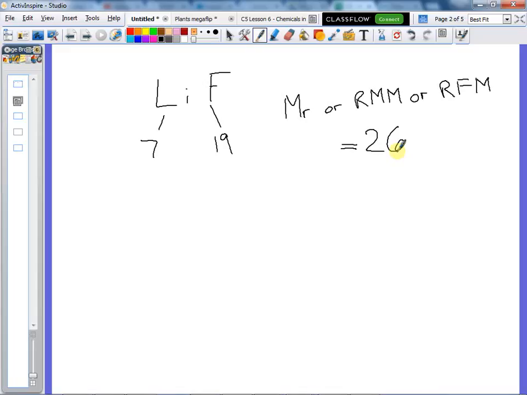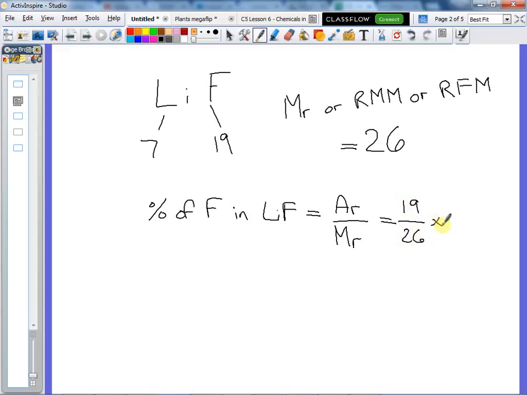If we want to know the percent of fluorine in lithium fluoride, we need to do the AR divided by the MR, which equals 19 divided by 26 times by 100%.